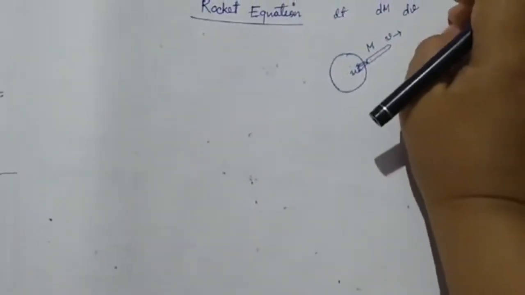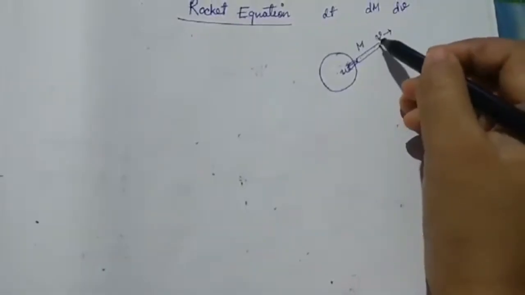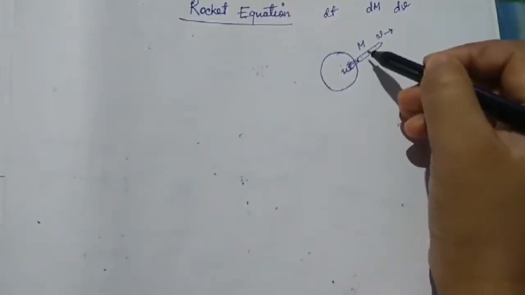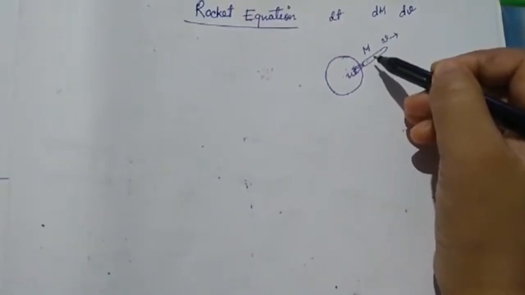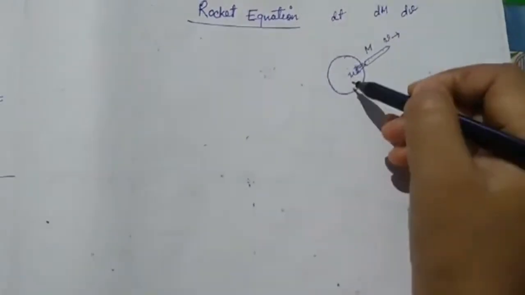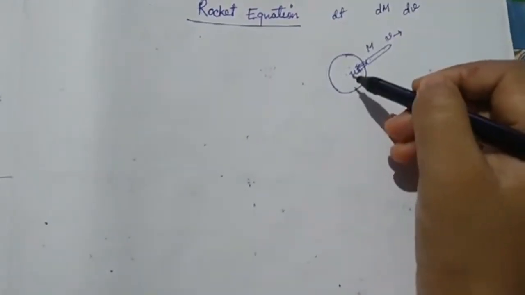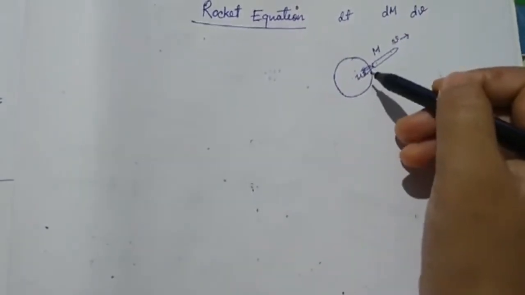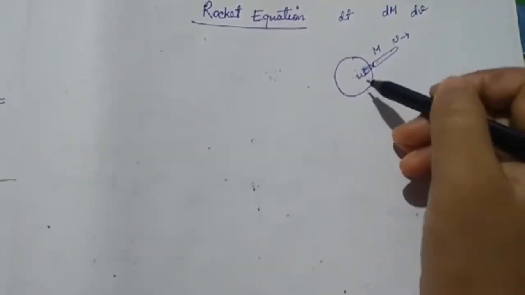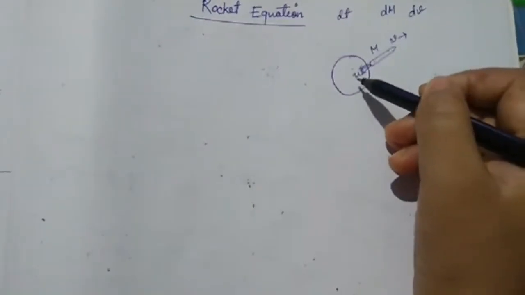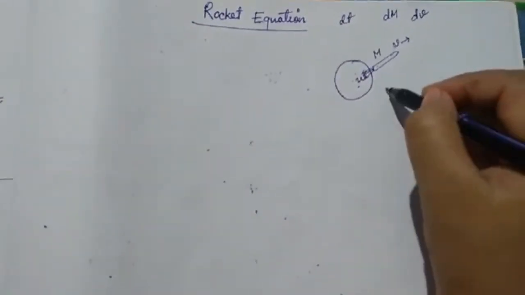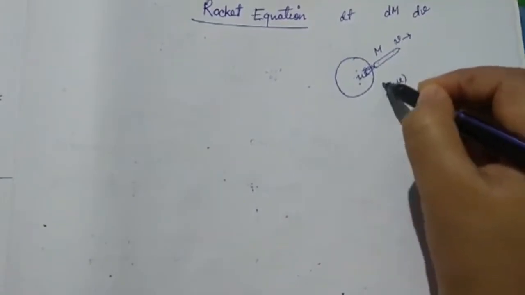Fine. And see, v is the velocity of this particular rocket at a particular instant of time with respect to Earth. U is the velocity of the fuel expelled from this rocket with respect to the rocket. Now if I ask you what is the velocity of this fuel with respect to Earth, then it will be v minus u.